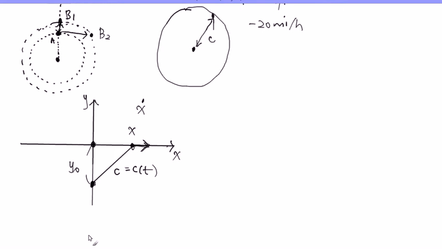So what is the relationship between these two, x and c? What are you going to use? Right, a right triangle. The right triangle is the key. So the famous theorem, right? What is it? So what is c squared?